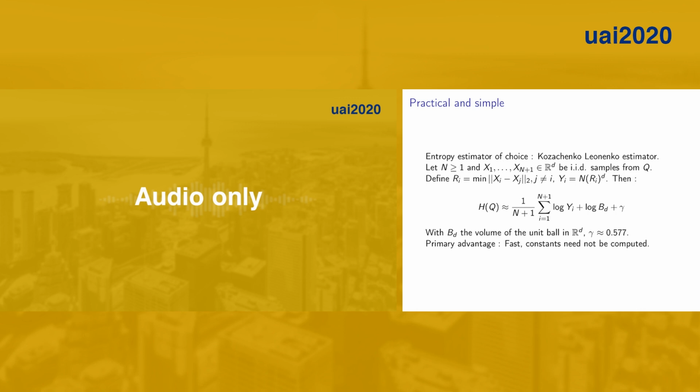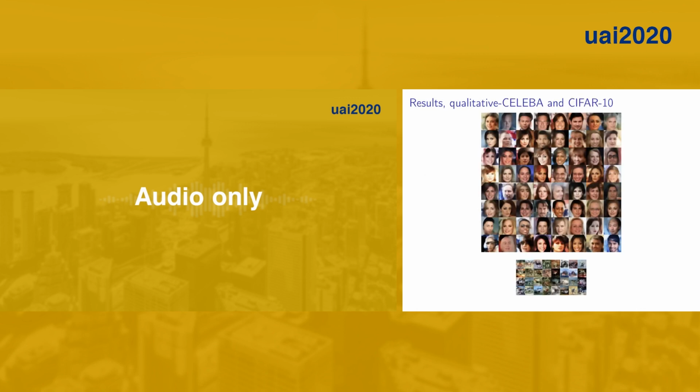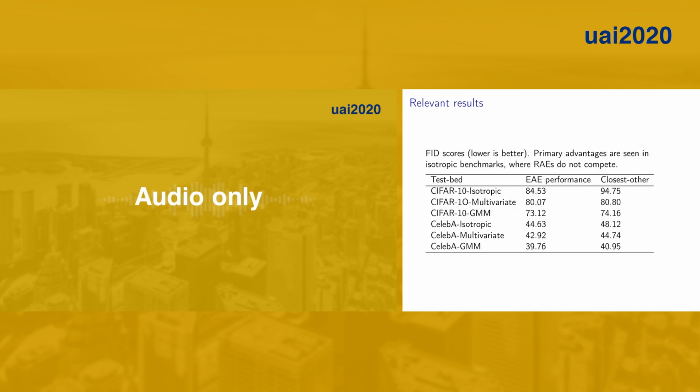Anyway, moving on to samples, we've got faces here, and these are CIFAR samples, and they're sort of tiny, but that's CIFAR for you. Now we have FID scores over here. As I mentioned with regularized autoencoders earlier, the main problem is that if you regularize the latent space, you still don't know what it's going to look like. So you have to fit something like a multivariate Gaussian or a Gaussian mixture model.